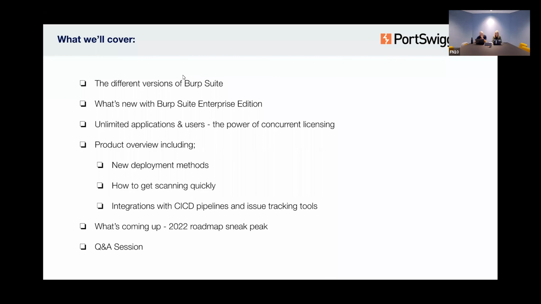So just as a quick recap of the agenda, we'll be discussing the different versions of Burp Suite. So that's both Professional and Enterprise. We'll cover the new features and enhancements within Burp Suite Enterprise Edition.